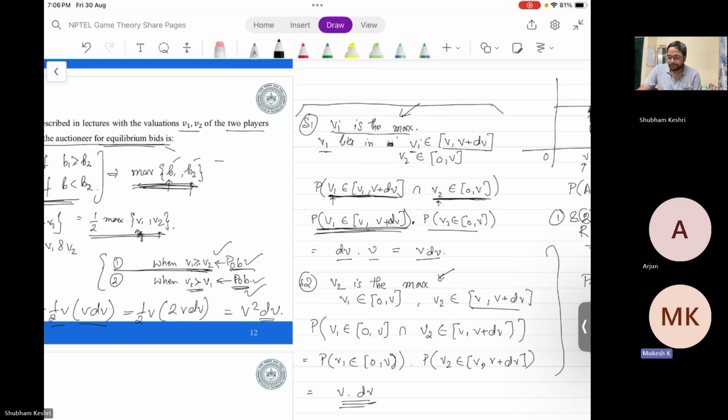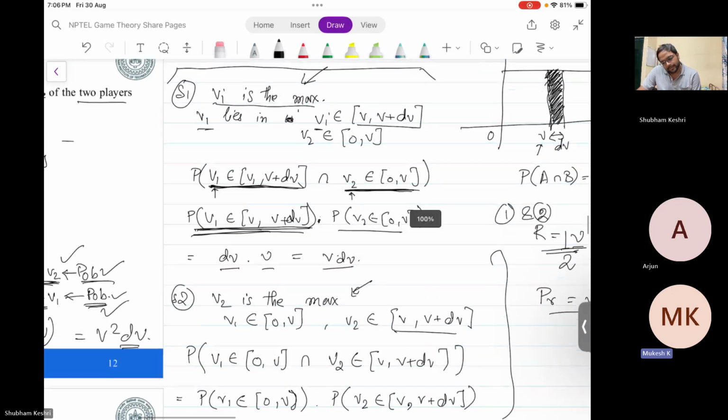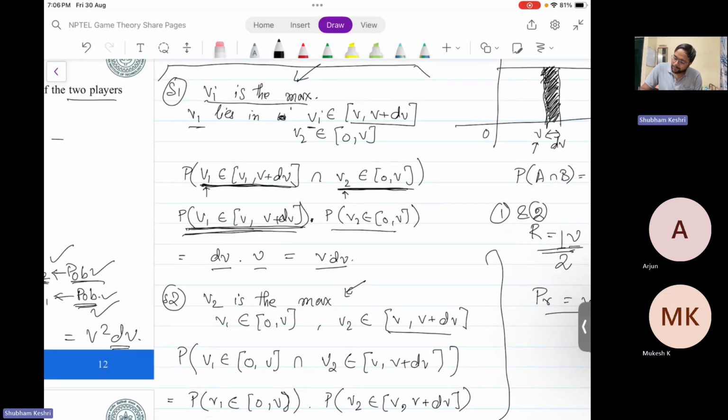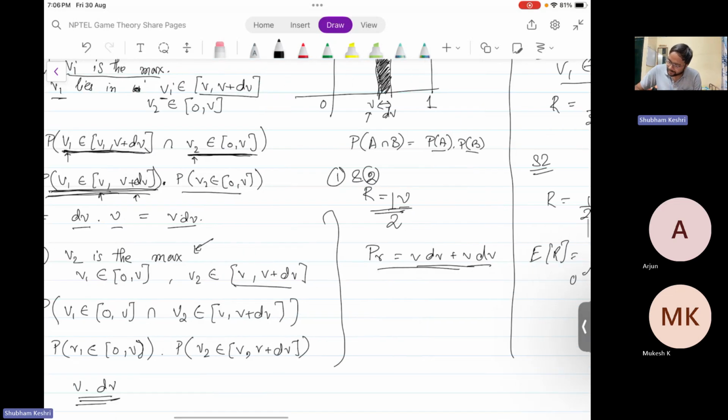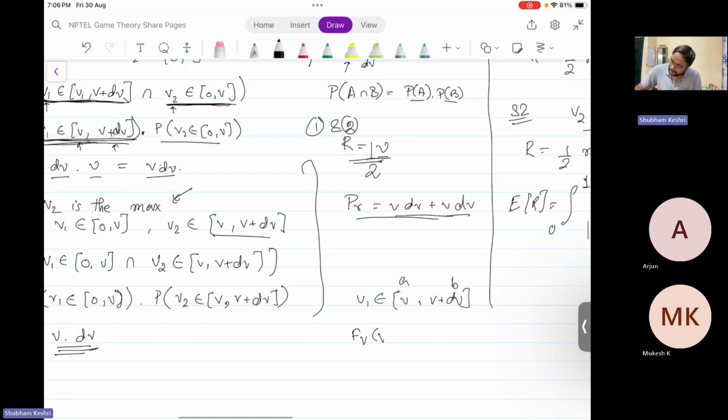Also that 0, 1, if it is instead of 0, 1, it is A and B, which you showed in the previous page. So this value is A, this value is B, you just write that value as V minus A by B minus A. So for example, when you are saying V1 belongs to V comma V plus dV, this is A, this is B, F of V, I'll just write it properly.